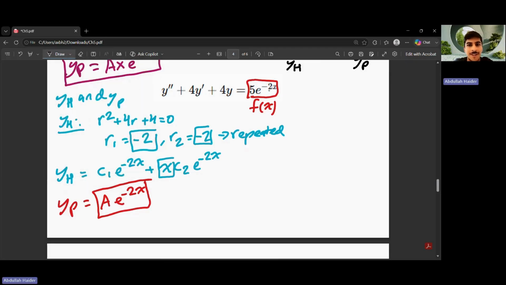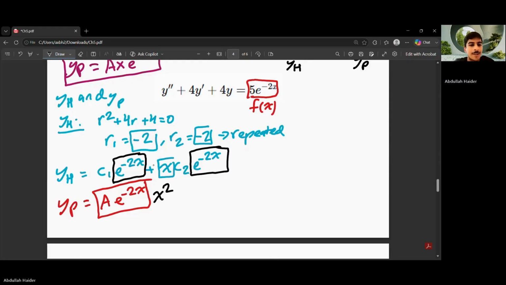So this is e power negative 2x, and you have an e power negative 2x here, and an e power negative 2x here. So basically, the e power negative 2x in the f of x on the right side appears twice in the homogeneous equation. So for this reason, you will multiply this by x squared.